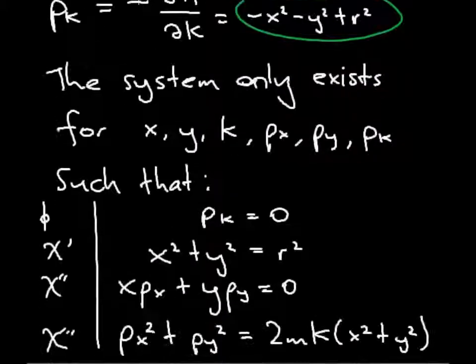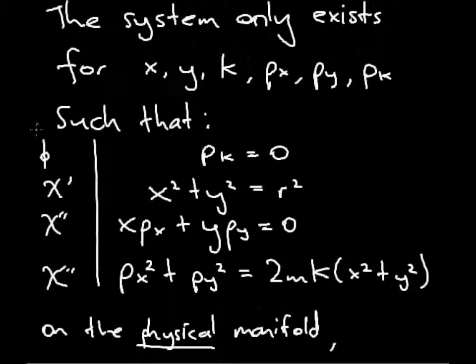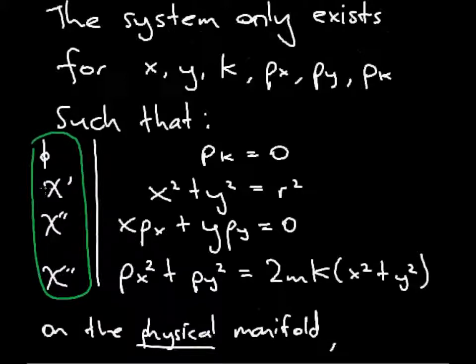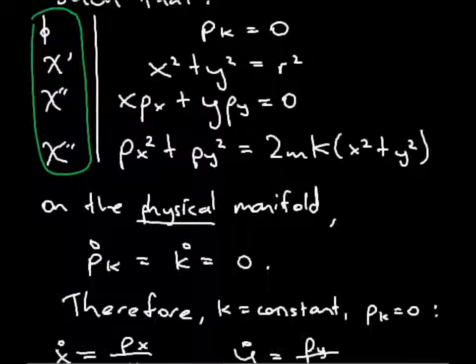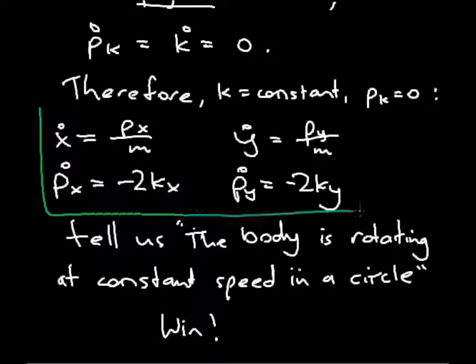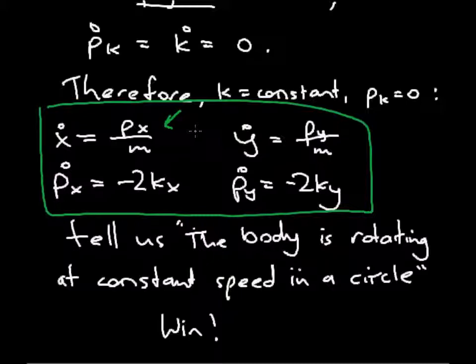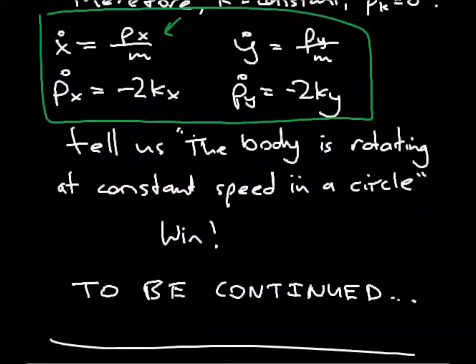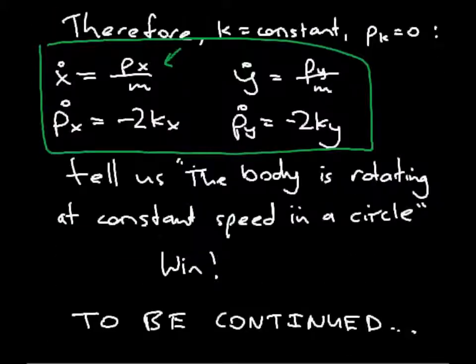So k is just a constant number, and these equations tell us that the particle traces out a circle at a constant velocity. So this is an example of a Lagrangian system with a singular Hessian matrix, but it has a single defined path. If you know the position and velocity at the beginning of time, you know its future position and velocity and acceleration and everything else until the end of time.